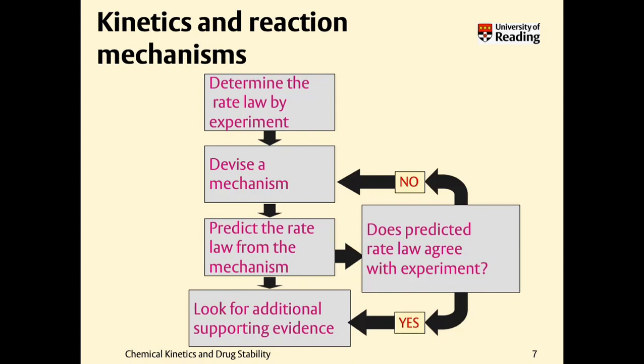Then we can predict the rate law from that mechanism. If it agrees, then we look for additional supporting evidence, and we think we're on the right lines for what the reaction mechanism should be. And if it doesn't agree, we rethink the mechanism that we have. And so we can link the two.